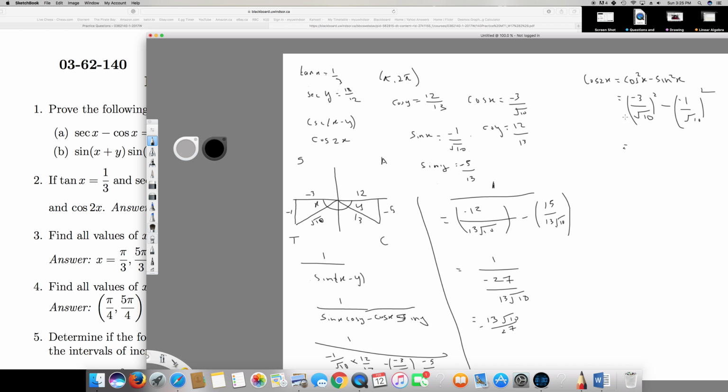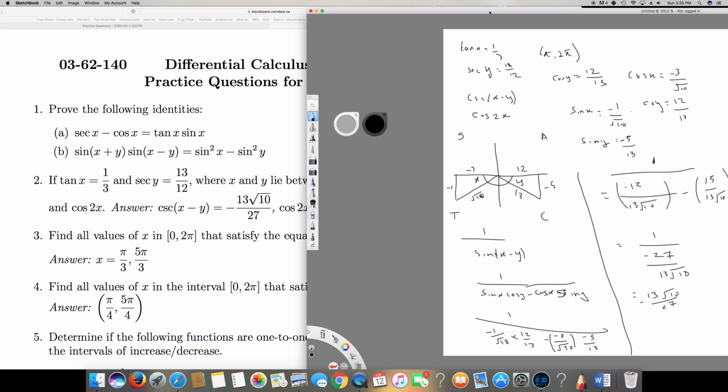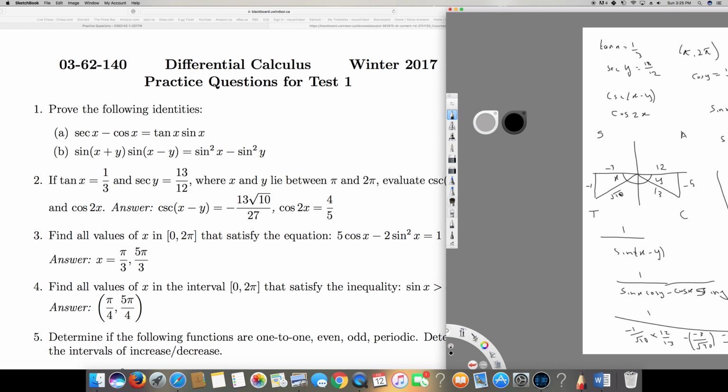So minus 3 squared is 9, root 10 squared is 10, minus negative 1 squared is 1, and root 10 squared is 10. Therefore we get 8 over 10, which is equal to 4 over 5. So this is my final answer for this question, and that's it.